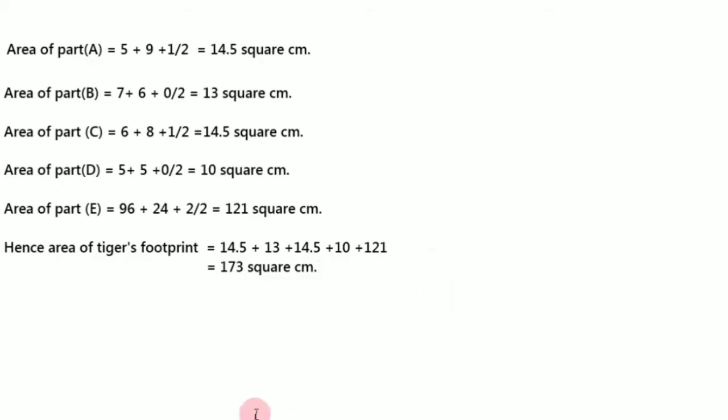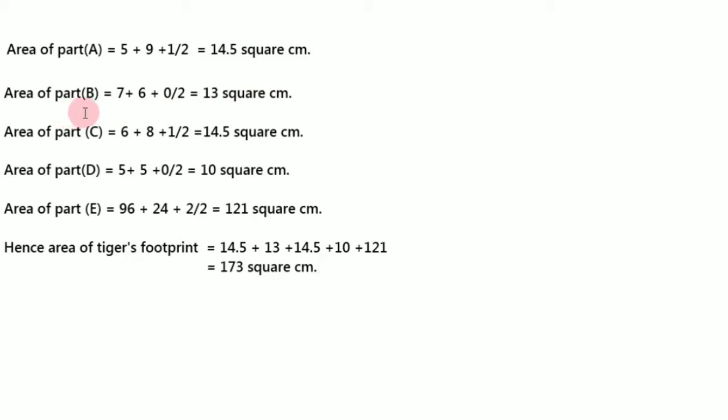Let's understand this by calculation. Area of part A is equal to 5 complete squares, 9 more than half filled squares, and 1 half filled square. So 5 plus 9 plus 0.5 is equal to 14.5 square centimeter.